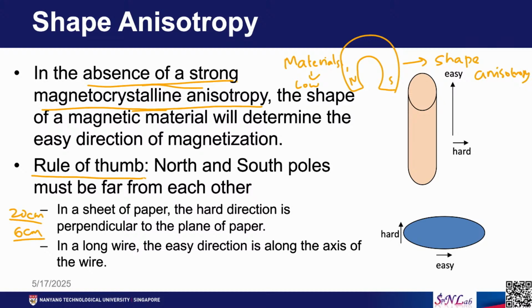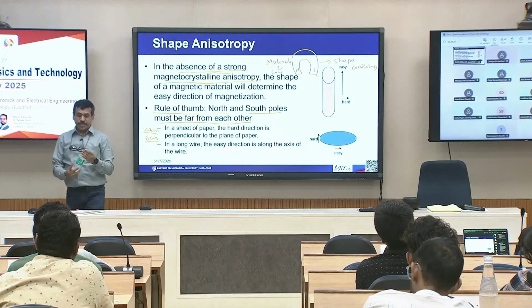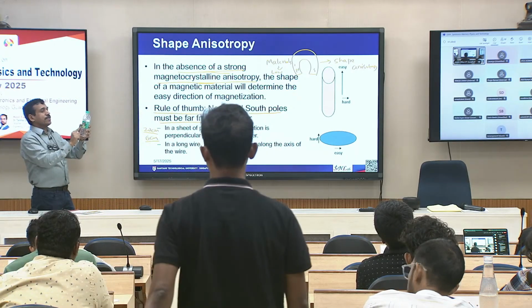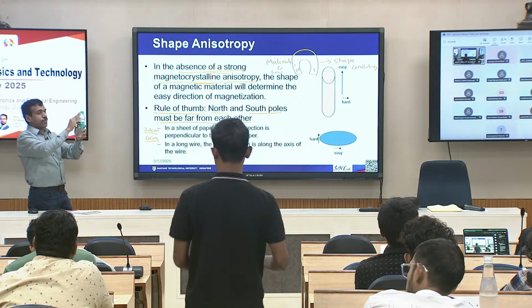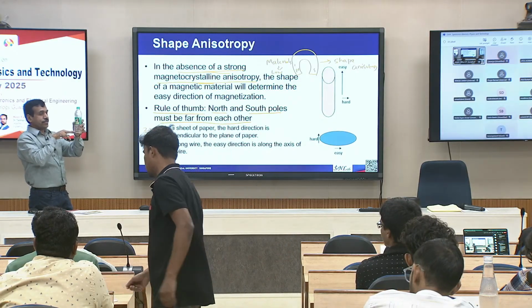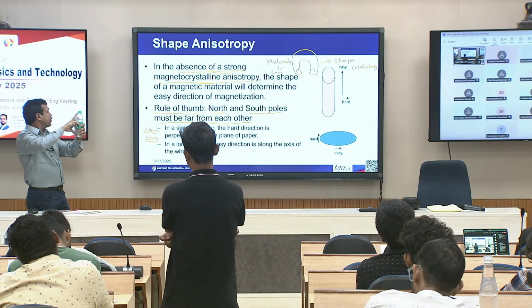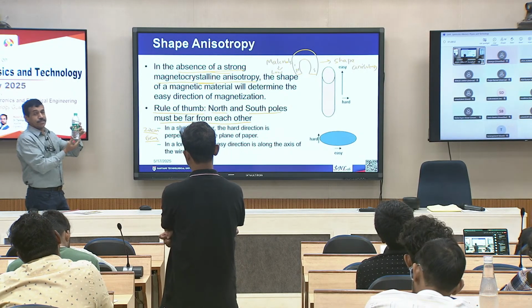So, the shape anisotropy prefers that the north and south poles must be far from each other. So, we magnetize this in two directions. In one case we magnetize along this direction, in another case along this direction. Here you see the spacing is 20 centimeter, here the spacing is 6 centimeter.